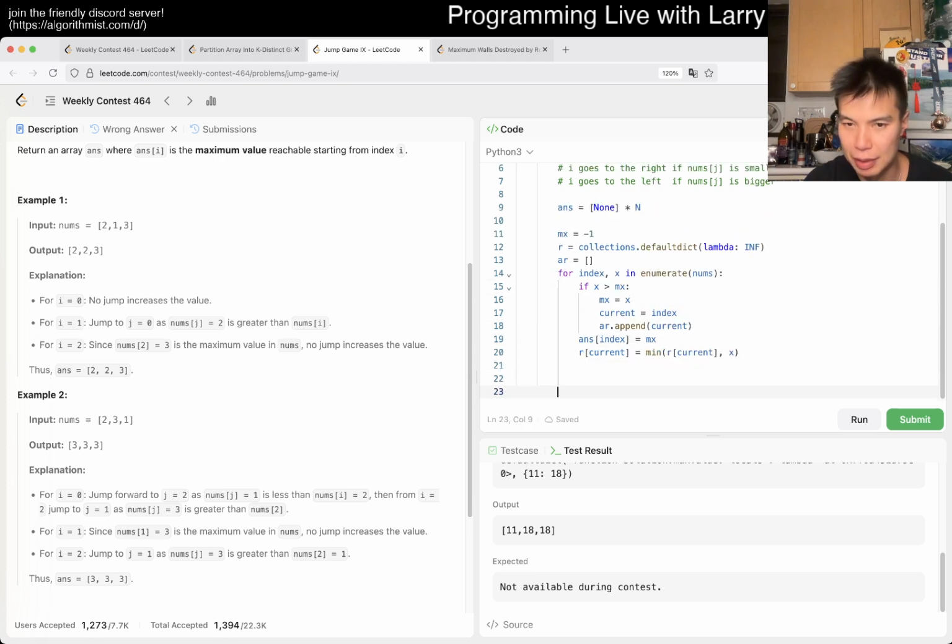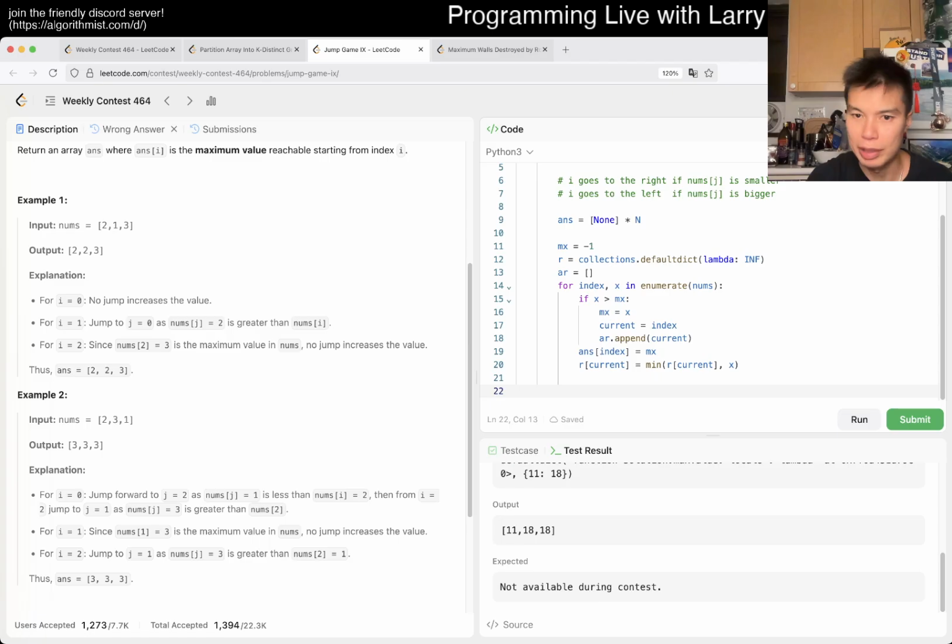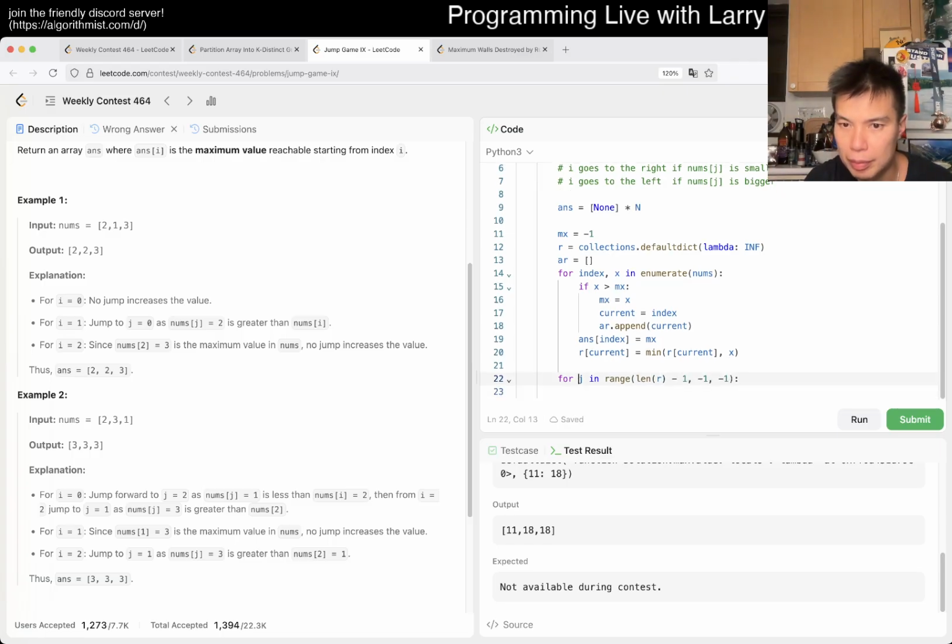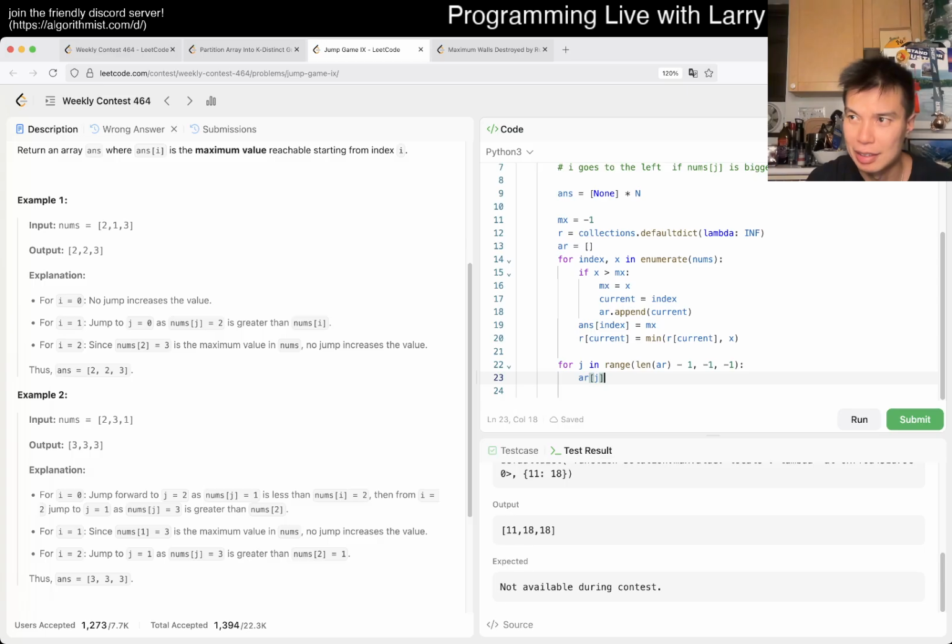I don't know if this makes sense. But yeah, because now we can go backwards. Maybe AR to be more precise, because then AR of J is the thing, and then we want to see if it collapses into the previous one, right? So that means that if the min element of this, okay, fine, the regions.